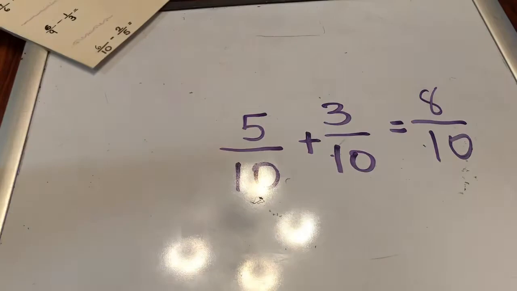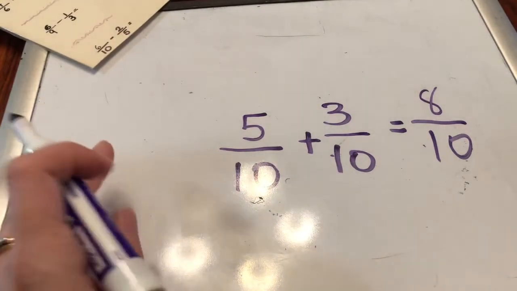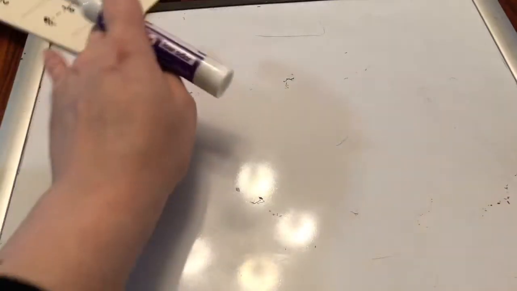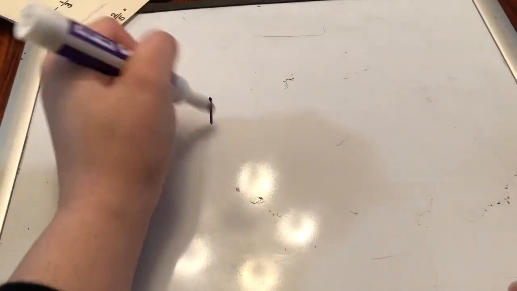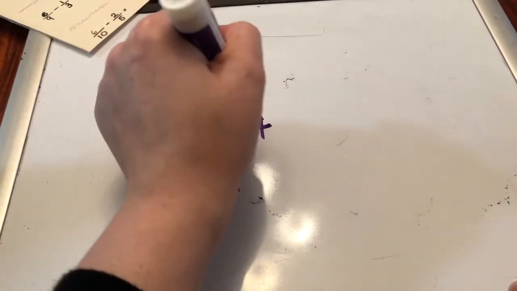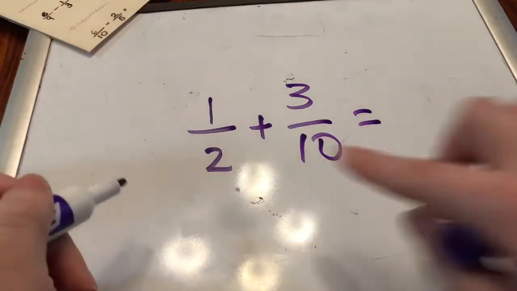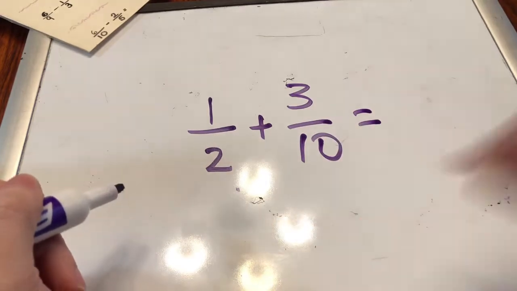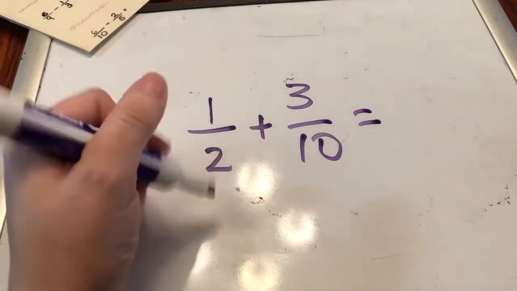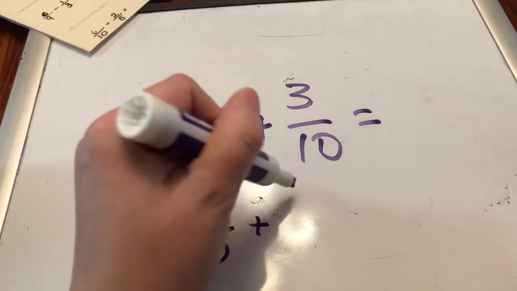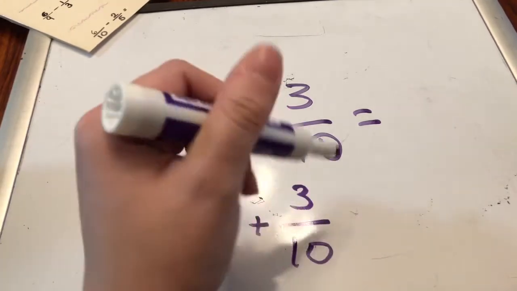So what that would look like is if we had, let's go back to what it was. If we had 1/2 plus 3 tenths, down here in my space, I would write 5 tenths plus 3 tenths.